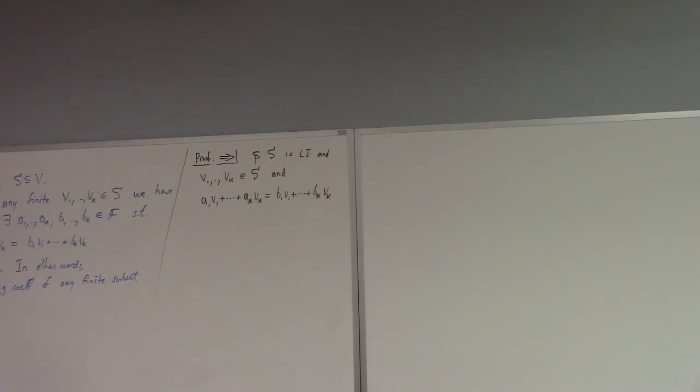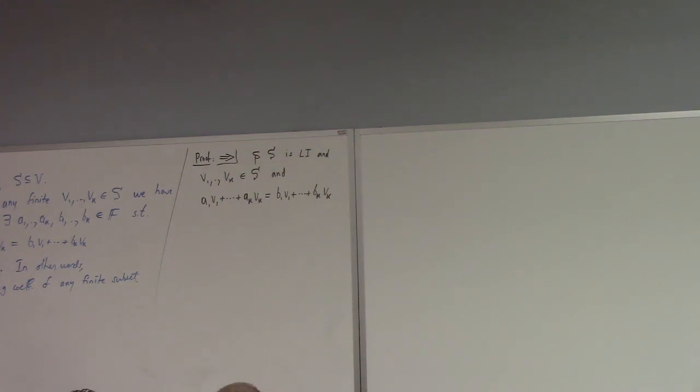So what can I do? My goal at the moment is to show that this implication holds, right? I want to show that this necessarily follows from the data I have. How should I get to that? Yeah?